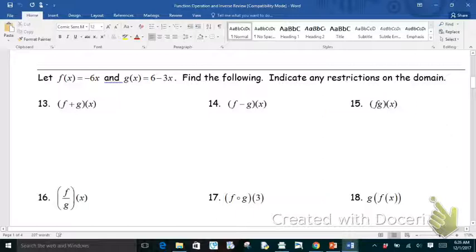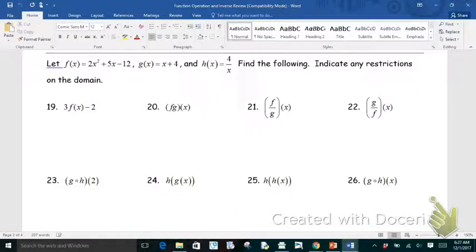Sorry, not number 15. Let's skip down. We're going to look at 21, 22, and probably 24. Those are the ones that I want us to look at.